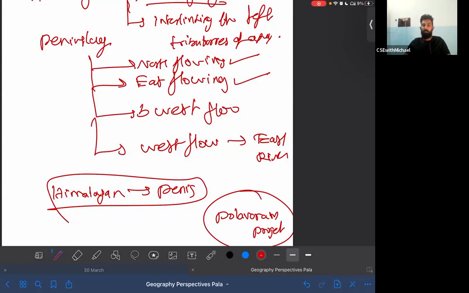Surplus and deficit basins as defined today would see a decrease or increase in water availability.